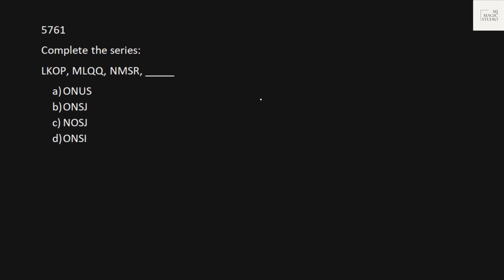Okay, they love alphabetic series and we love to convert them into numbers. LKOP: 12, 11, O is 15 and P is 16. M is 13, L is 12, Q is 17 and 17. Okay, we are getting the trend.